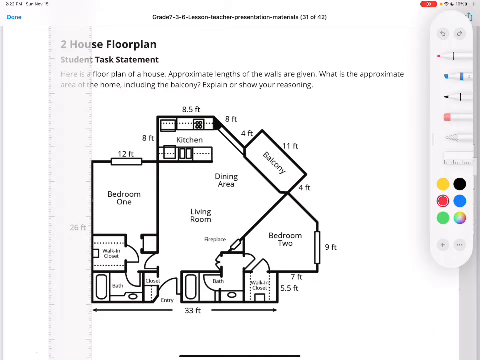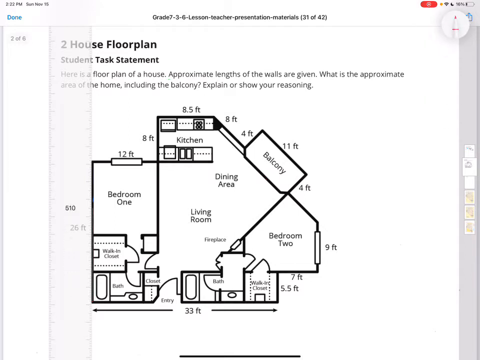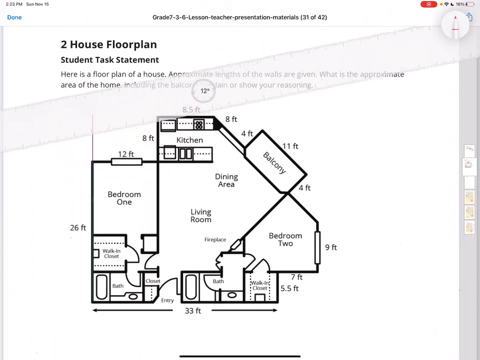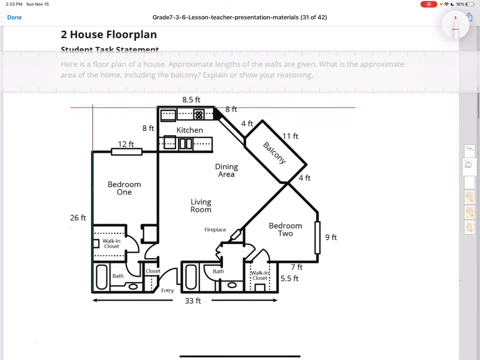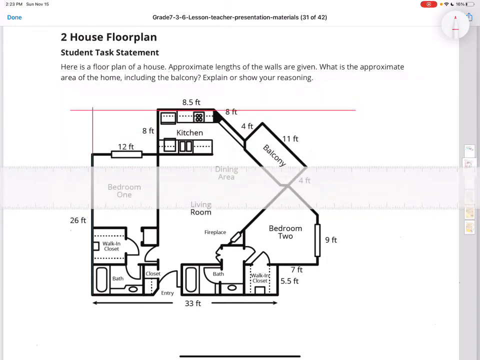I want to draw a line at the borders of each wall, like on the other side. Say, for instance, this is the outside border. I'm going to draw a straight line. And then I want to move my ruler, and on the top of the kitchen wall, I'm going to draw a line going across the width. Then I'm going to do that for the other side.